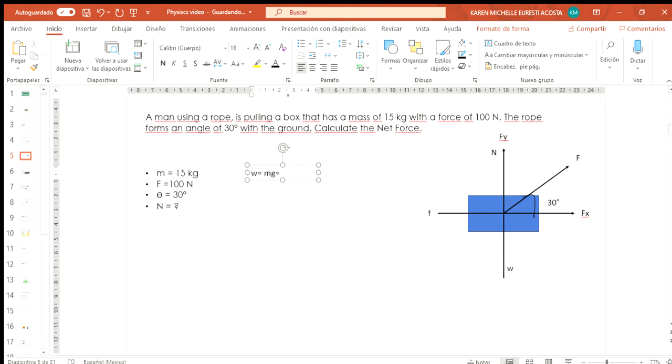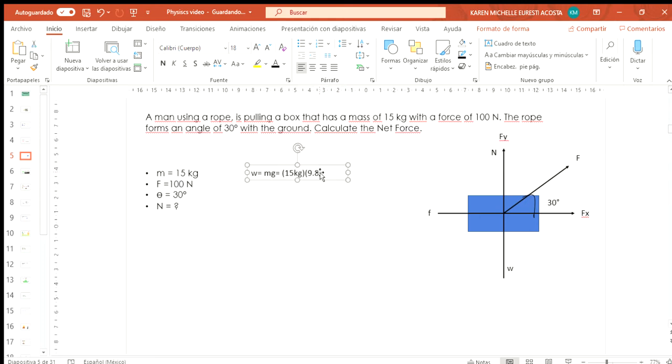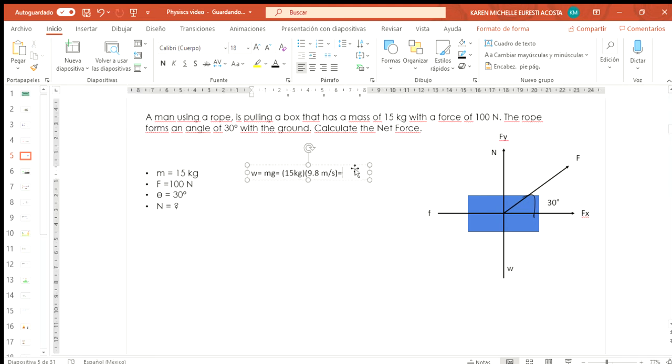So we know that the mass is 15 kilograms, and the gravity is a constant, so it will always be 9.8 meters per second squared. That gives us 147 newtons.